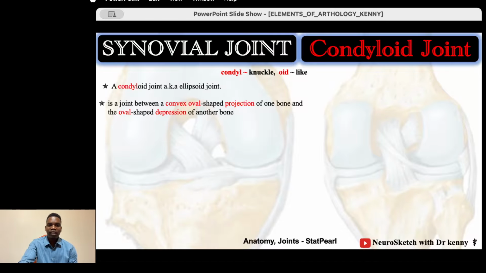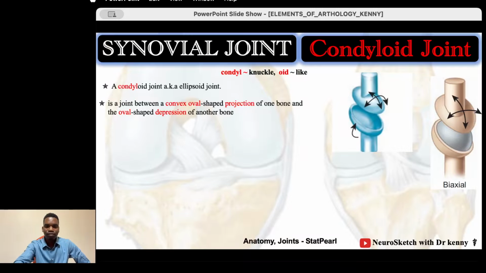It's a joint between a convex oval. Remember the hinge joint is also a joint between a convex end and a concave edge. But this condyloid is a convex oval, not the convex regular shape, but a convex oval-shaped projection of one bone and the oval-shaped depression of another.